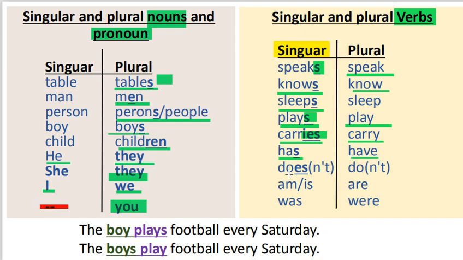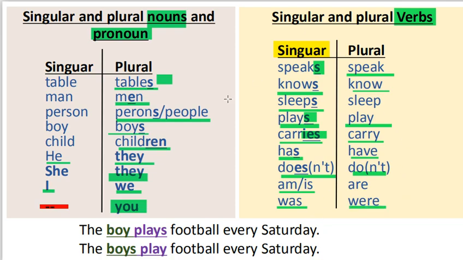Does or doesn't is singular, while do or don't is the plural. When we come to the verb be, am or is is singular, while are, A-R-E, is plural. In the past tense, was, W-A-S, is singular, while were, W-E-R-E, is plural.